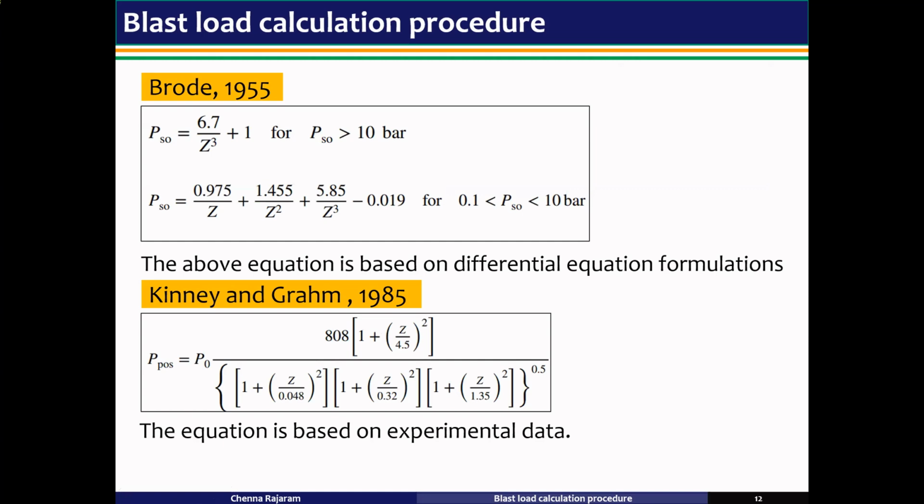Various researchers have proposed various equations for the calculation of the positive overpressure. In 1955, Brode proposed an equation, based on differential equation formulations. In 1985, Kinney proposed another equation, which is based on experimental data.